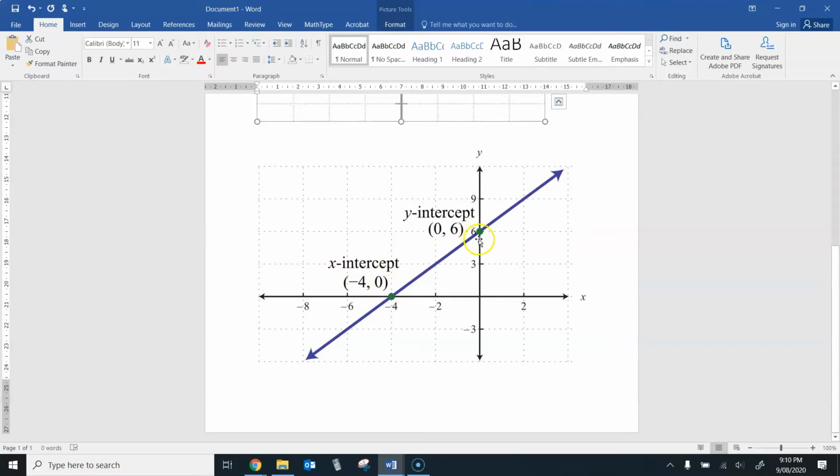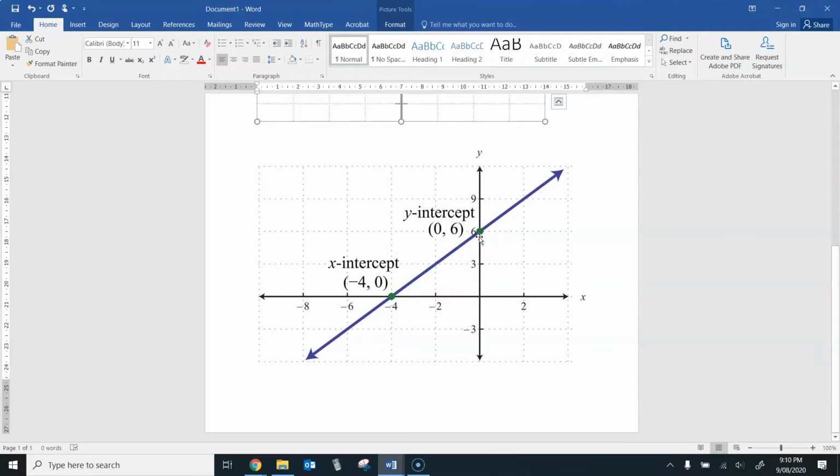The y-intercept is when y equals 6. It cuts the y-axis at 6. And we write that as a coordinate, (0, 6), because the x value here is 0, the y value is 6 at that green dot where I'm pointing right now. So x-intercept is where it cuts the x-axis, y-intercept is where it cuts the y-axis.